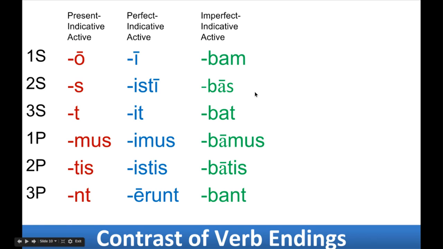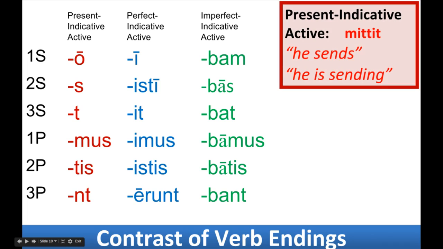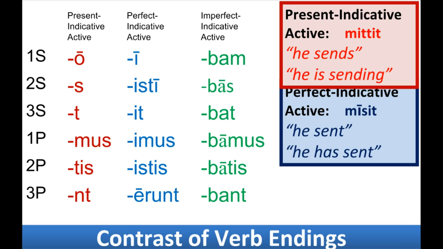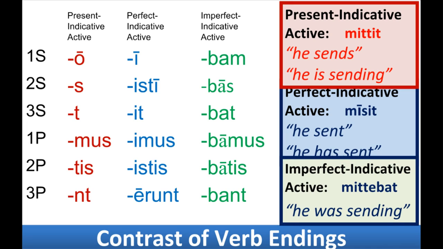So therefore you need to know these endings. The difference would be, mittit would be present indicative, simple present or progressive present, he sends or he is sending. Perfect indicative, he sent or he has sent. Or the imperfect, which is translated 90% of the time as he was sending, 10% of the time as he used to send.